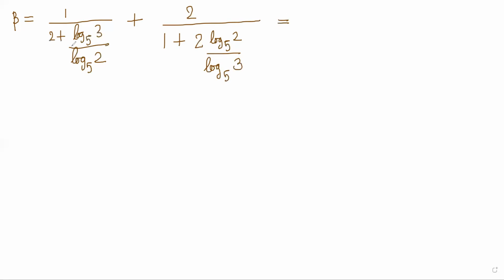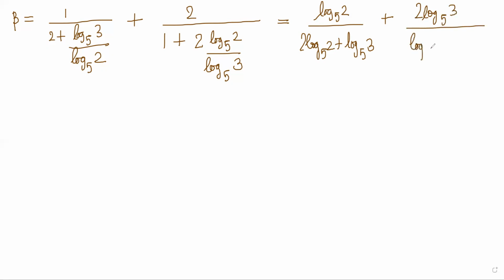Now take denominators and all, and what you get on top here is log 5 2 times log 5 2 plus log 5 3, plus here we'll get log 5 3 by log 5 3 plus 2 times log 5 2, right?